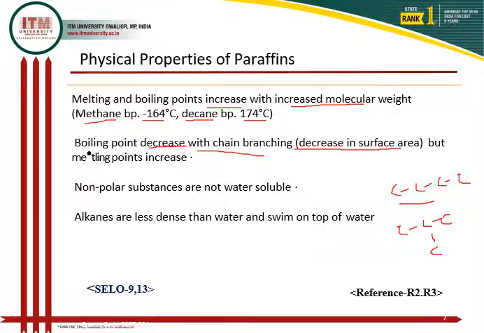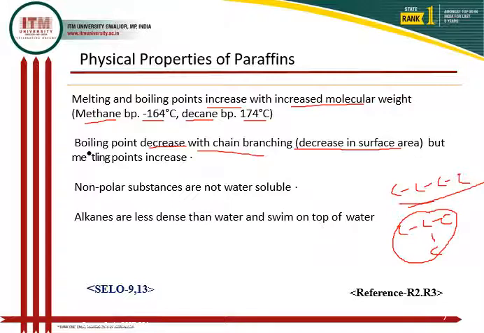So have you seen it causes the decrease in the surface area? Yes. In the branching, the surface area decreases. And in the straight chain, we go for a long chain, straight, that increases the surface area. So now you better understand this branching, which is causing the decrease in the surface area.